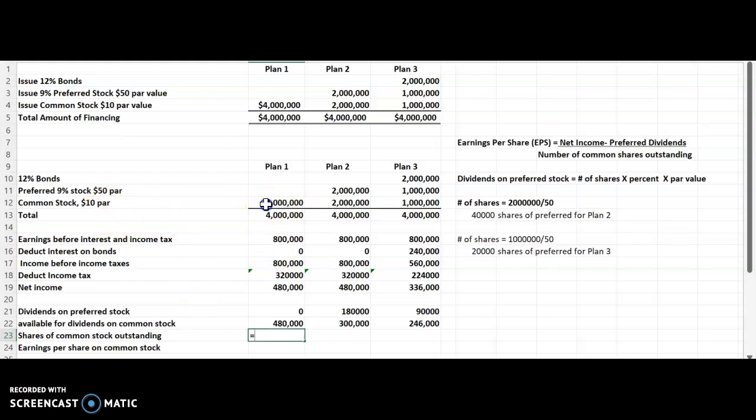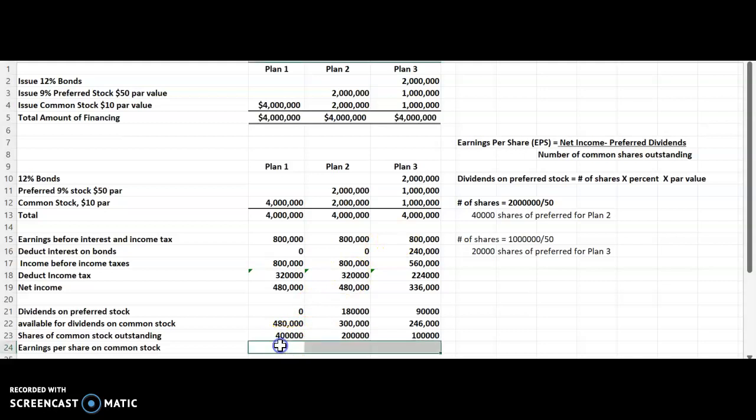So 4 million divided by 10, and then $2 million of stock divided by 10 par. And that's going to give me my shares of common stock for each plan. 1 million divided by 10. Okay, so now I have the shares of common stock outstanding.